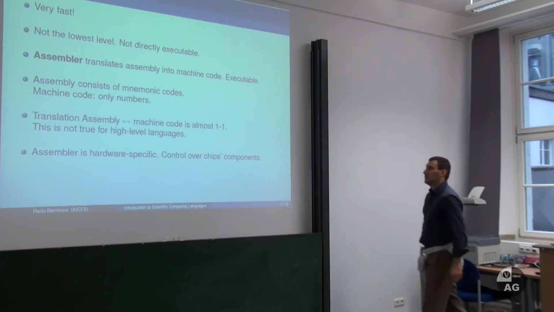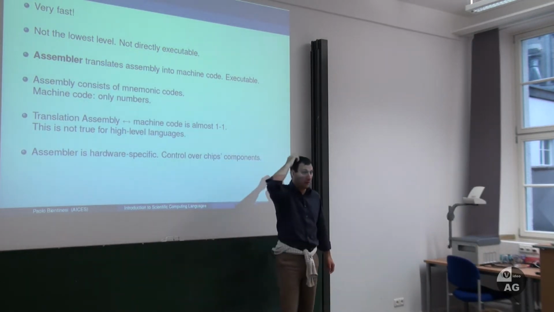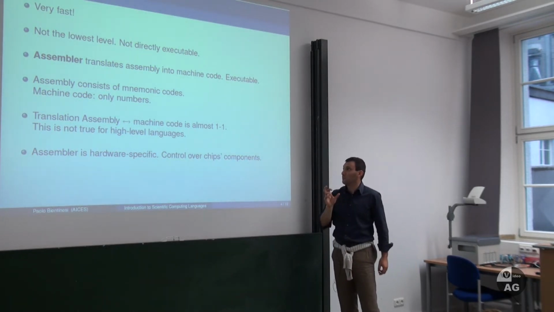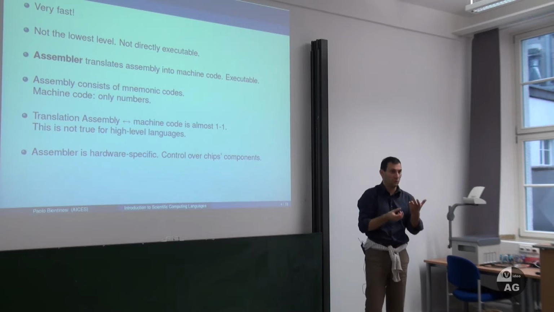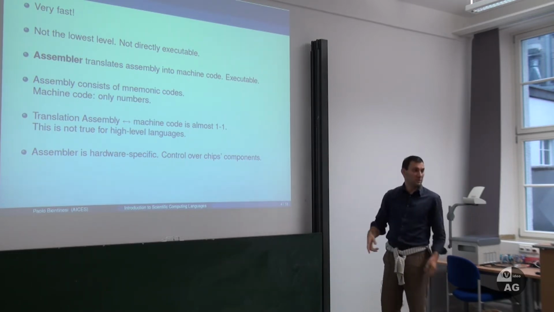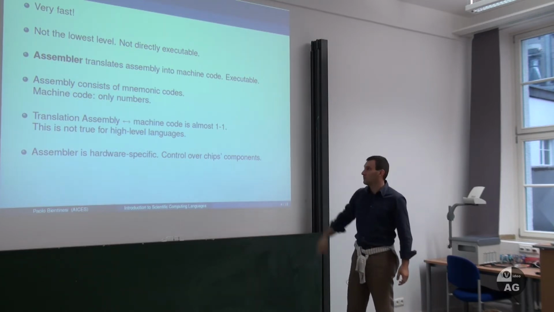All right. Assembly as the language still has some labels that help us identify what you want to do. By contrast, the machine code is only numbers, so there is no way you can program in machine code.